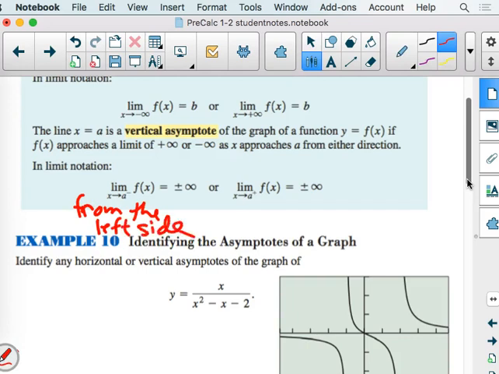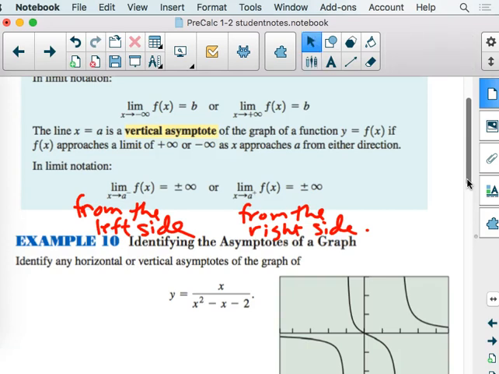As you're getting closer to that vertical asymptote, is it going up for positive infinity or down for negative infinity? And then x approaches a from the positive side is from the right side. So not just vertical asymptotes anymore; we're trying to describe the behavior of the graph as we approach that. Like I said, we'll ease a little bit more into that. We've really got enough to keep track of right now, but know that that's coming.